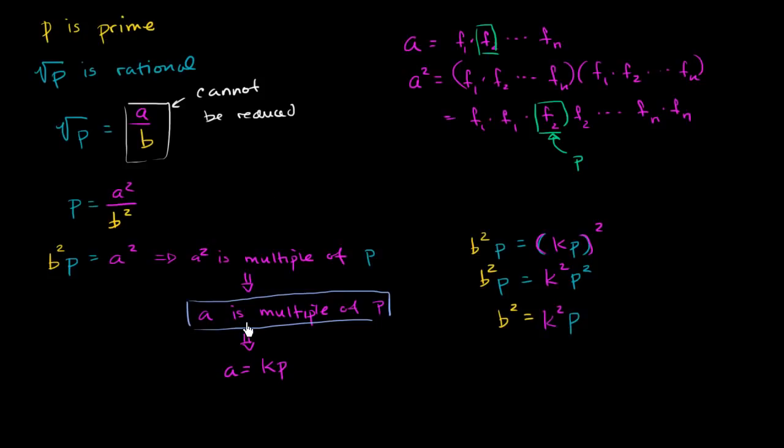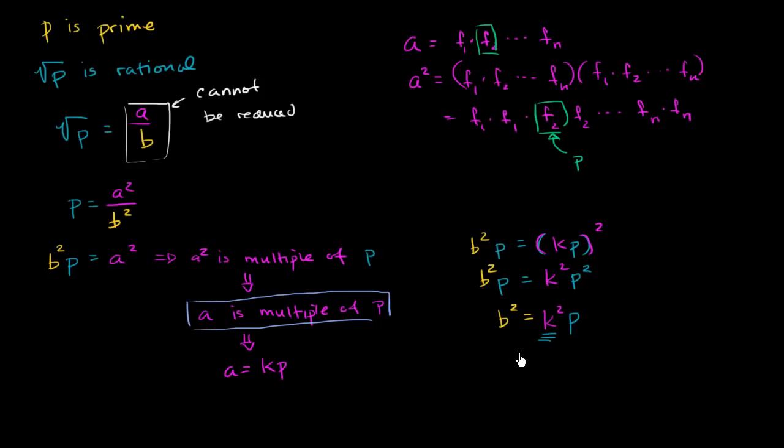Well, the same argument that we used, if a squared is equal to b squared times p, that let us know that a squared is a multiple of p. So now we have it the other way around. B squared is equal to some integer squared, which is still going to be an integer, times p. So b squared must be a multiple of p.